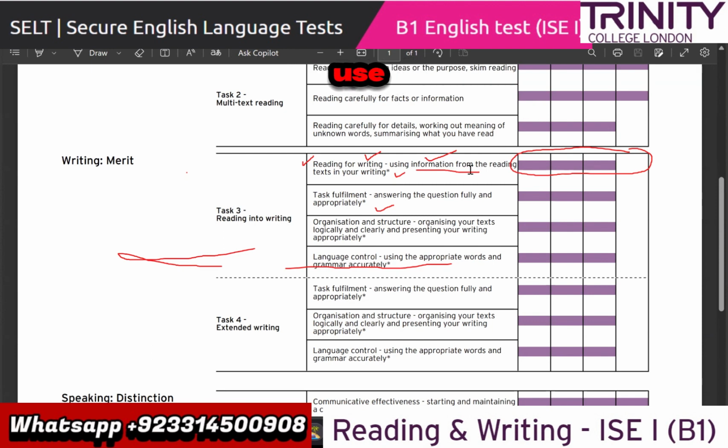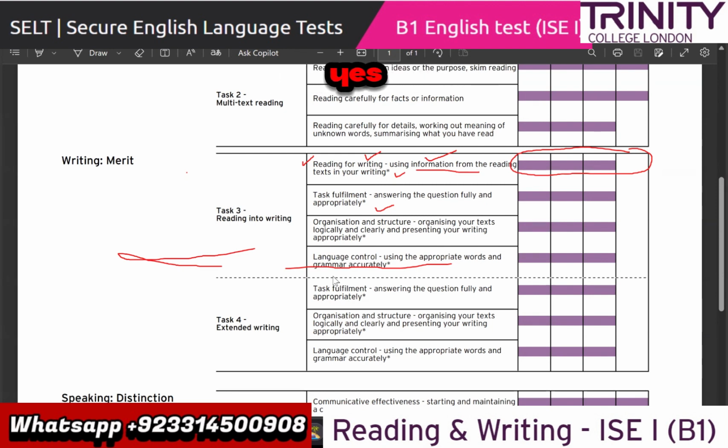Because they say use appropriate words and grammar accurately. But some people do not know accurate grammar and there might be an issue, so we can use punctuation to complete the task. Any confusion? Do you understand the criteria, how to do it or not?